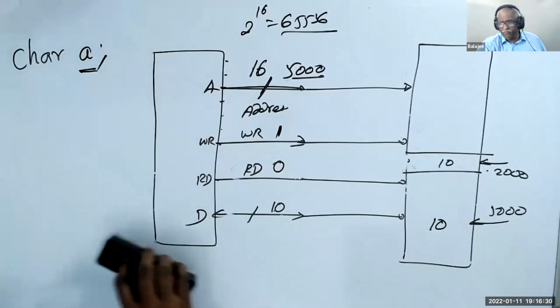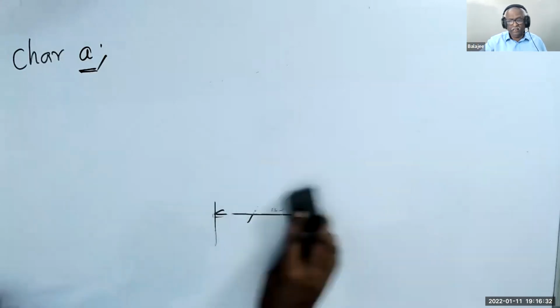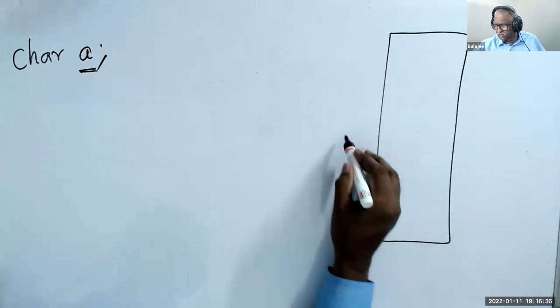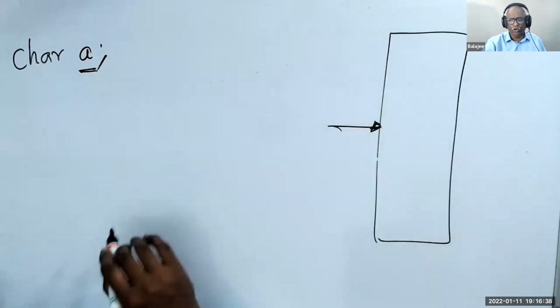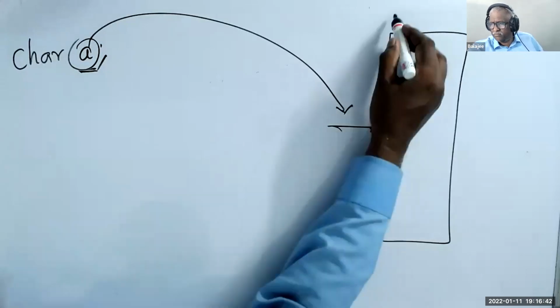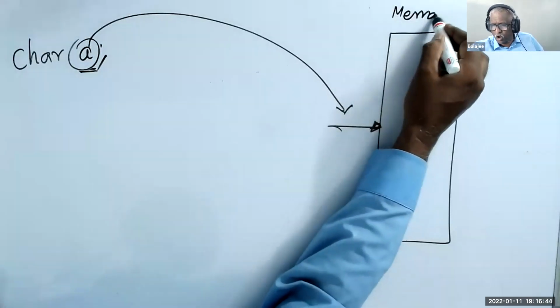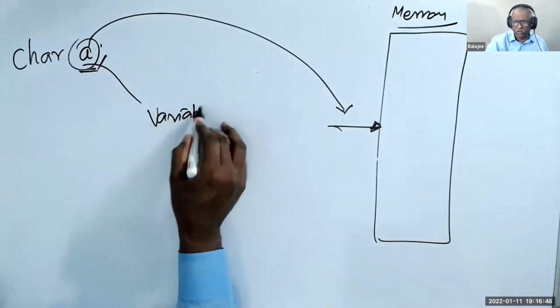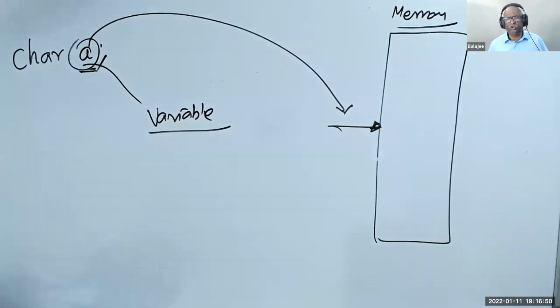If you give any name, that means this is stored in memory, and a space is allocated. So for A, there's a space in memory. This is called a variable. All variables are stored in memory. Understand that.